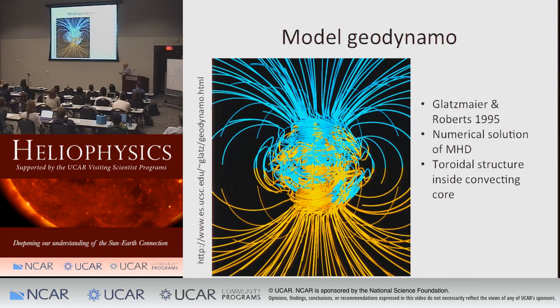If you take those MHD equations very seriously, and this is one of the better simulations by Gary Glatzmeier, who got his start here at HAO working with Peter Gilman, studying the dynamo of the sun. He went on and started doing the same thing to the Earth. This is his rendering of a dynamo operating inside the Earth. This region here, he doesn't show you, this is the liquid core.